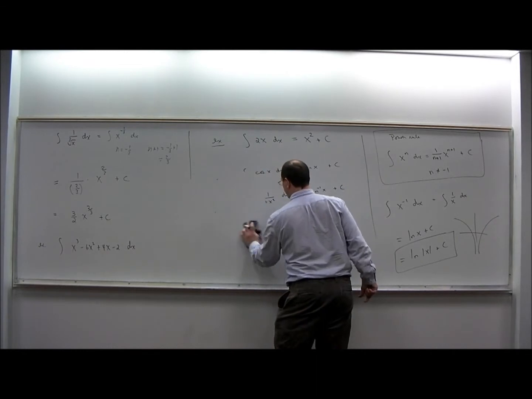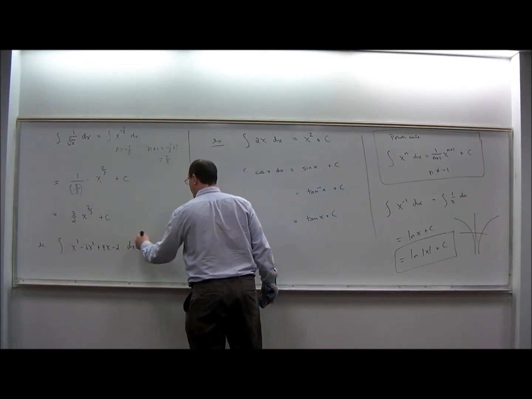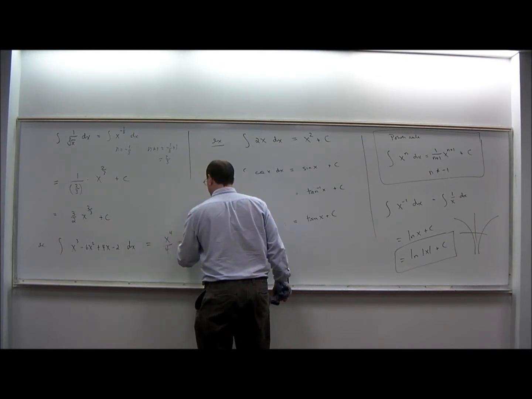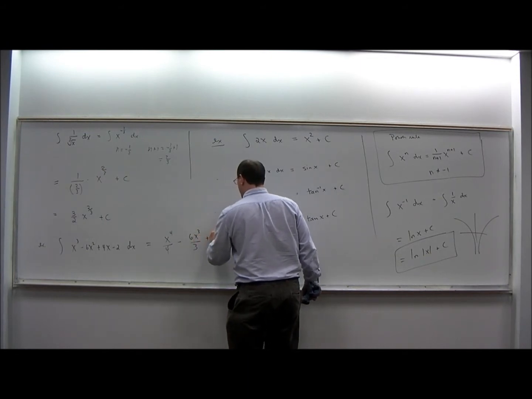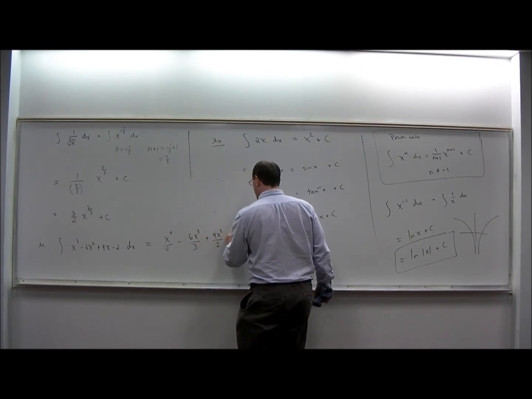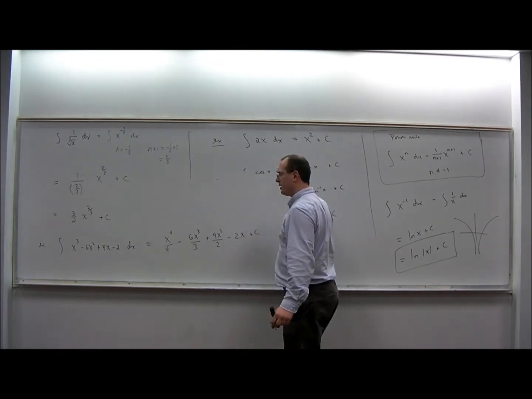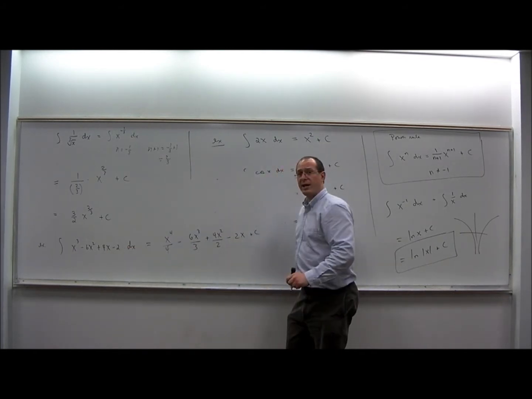So using this formula and going term by term, we have x to the fourth over 4 minus 6x to the third over 3 plus 4x to the second over 2 minus 2x, and then plus the constant of integration. The antiderivative of 2 is 2x.